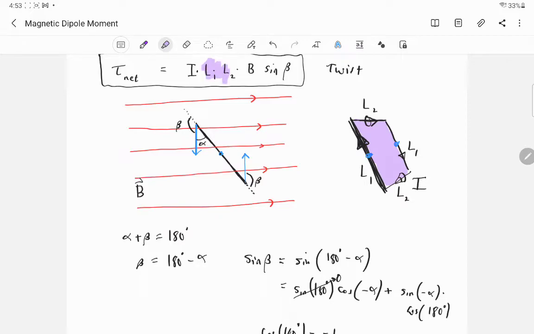So I'm going to define an interesting vector. It's the normal to this area. I'm going to imagine it emerging from, say, the center of this area, but I'm going to orient it according to a right-hand rule. So the right-hand rule, I'm going to try to draw a right hand.